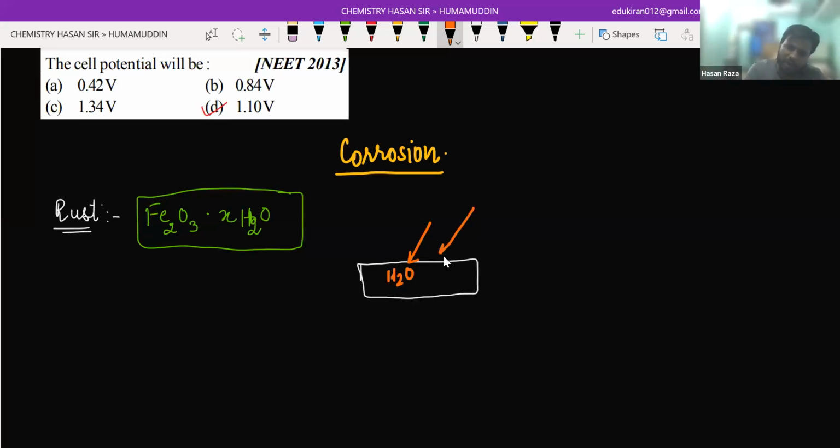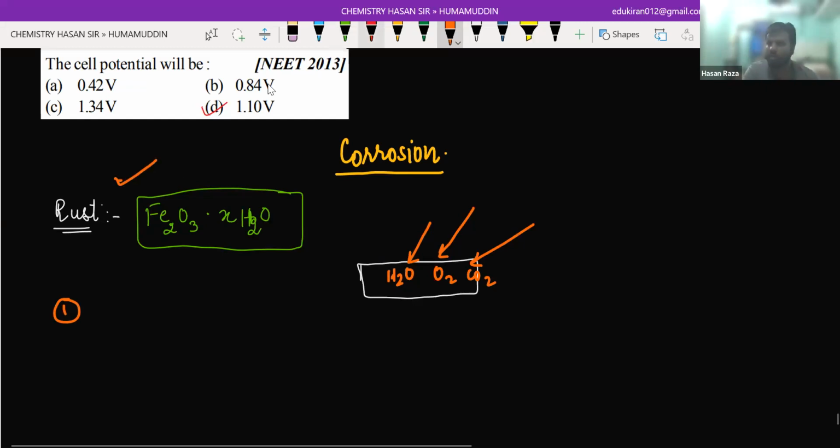It is in direct contact with O2 from the surrounding, and CO2 from the surrounding as well. I'm going to explain this from very basic. Now see how corrosion takes place, or how the formation of this Fe2O3 takes place.